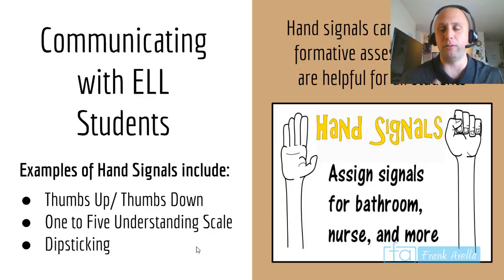Have them rate their level of understanding from 1 to 5. Five being that they've mastered it, one being that they have no clue. Hand signals are also great for if they want to go to the bathroom. One is the bathroom, two means the nurse, three means a drink of water, things like that.